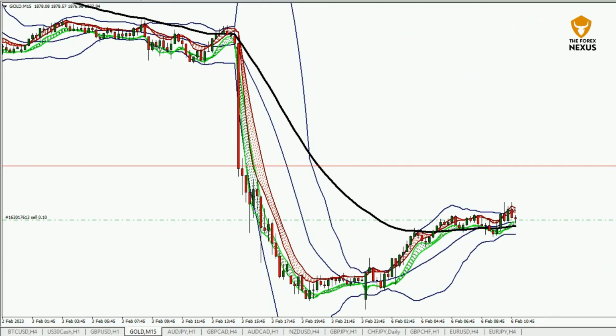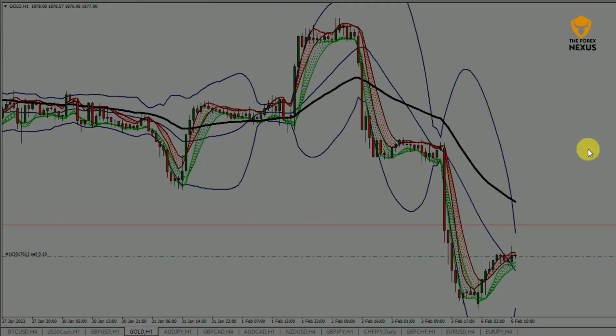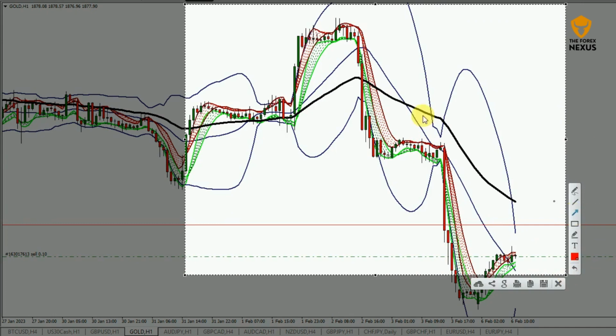Now the second type. Let me show you on the live chart. Let's find out. This is the extreme formed here.